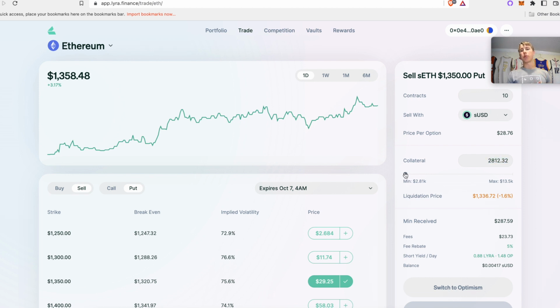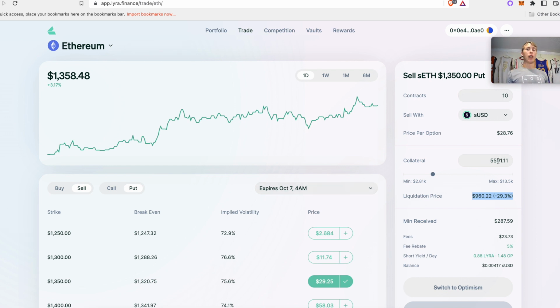You want to be careful being that low on collateral, because if ETH makes a scam wick to 1336, I'm liquidated. So you probably want to go on the safe side and give a little bit of buffer room, especially since you have this contract for about 3 more days. So you do have to factor that in.